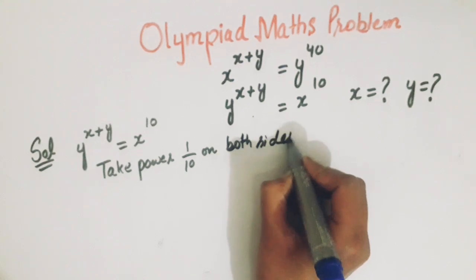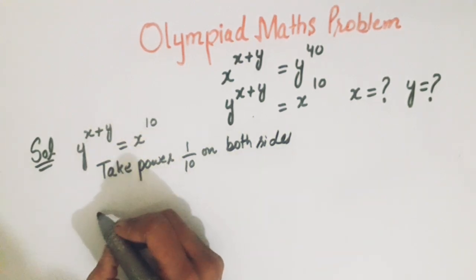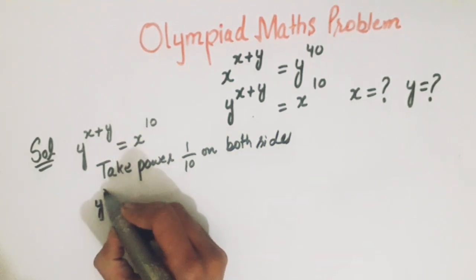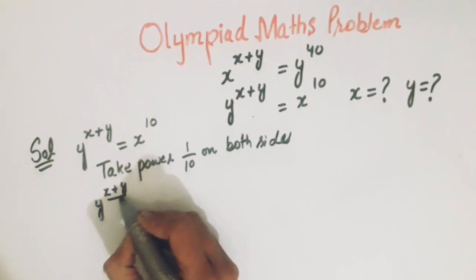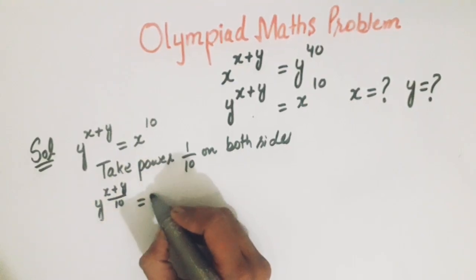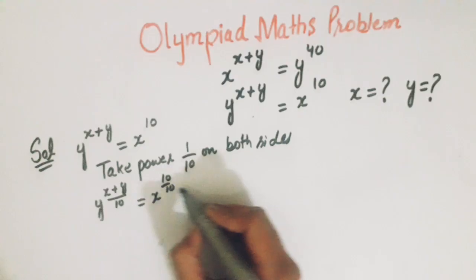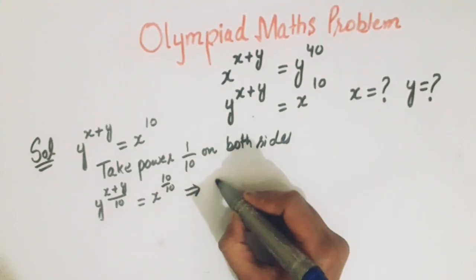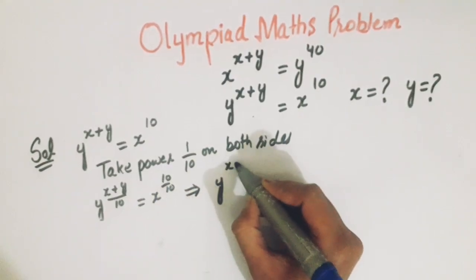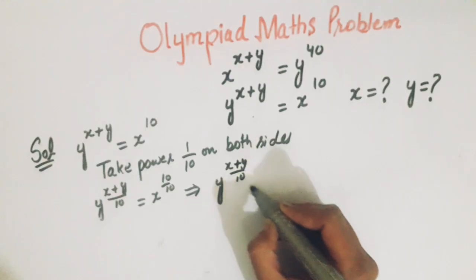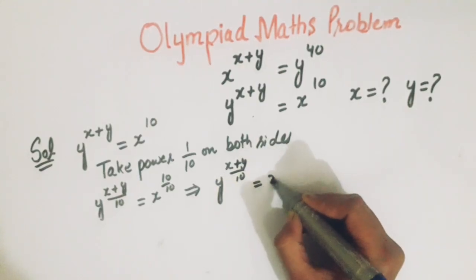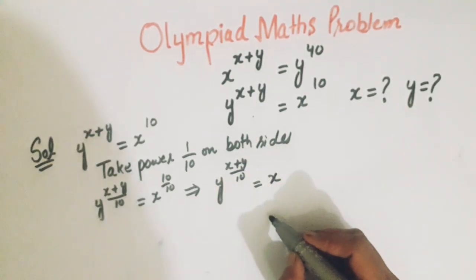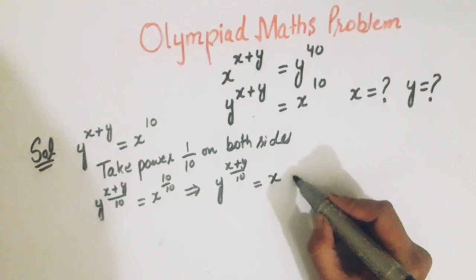So by taking power 1 by 10 on both sides, we will get y raised to power x plus y divided by 10 and x raised to power 10 by 10. It means that y raised to power x plus y divided by 10 equals x. So this is equation 1.